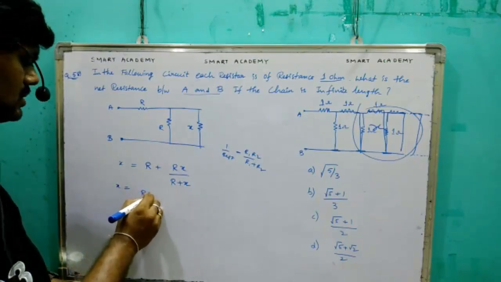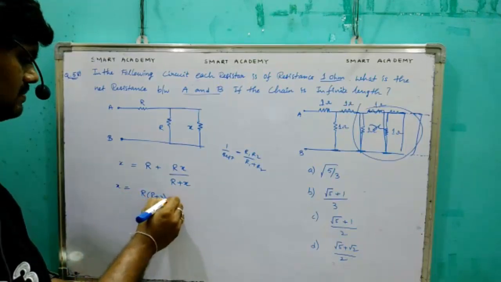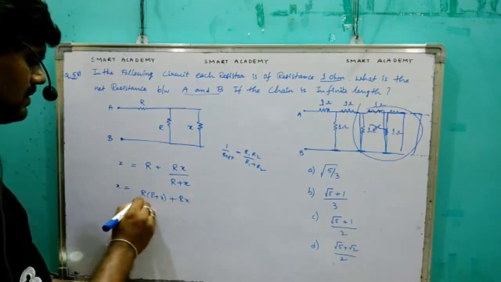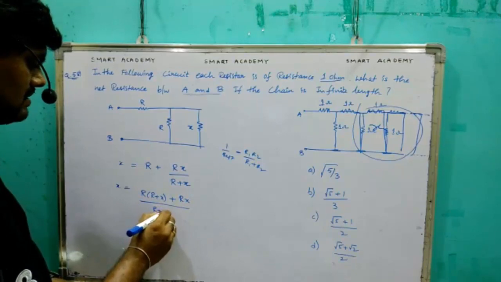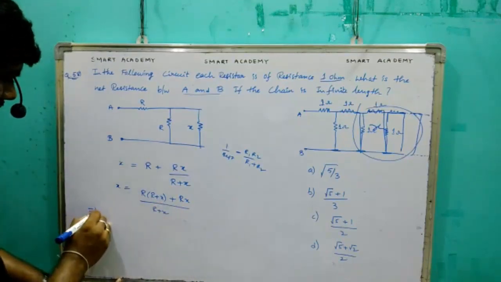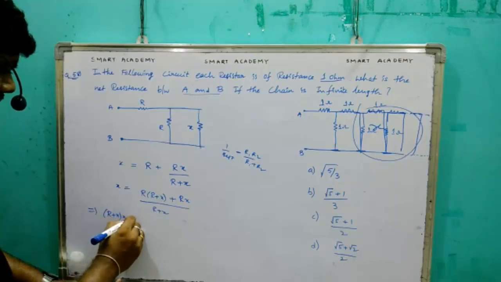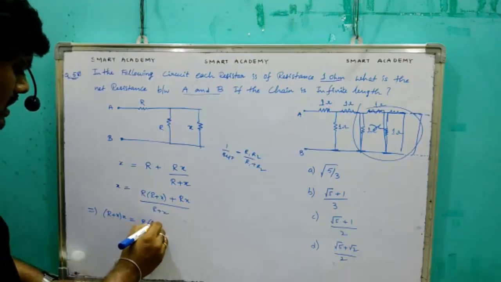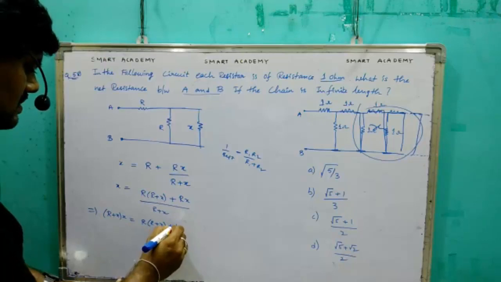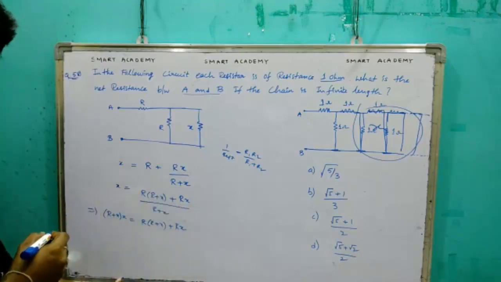So R into R plus X plus RX by R plus X, which implies R plus X into X equals R into R plus X plus RX.